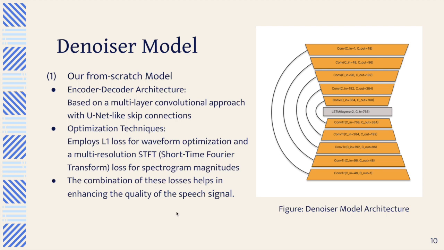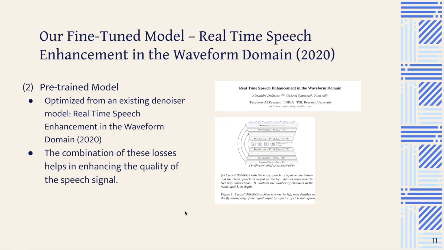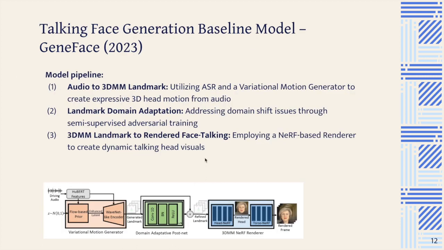For more details, please see our paper. Our model architecture is inspired by the paper called Real-Time Speech Enhancement in the Waveform Domain. Our face generation model is inspired by GeneFace, which takes in audio and generates the lip motion, and then renders a face talking video.